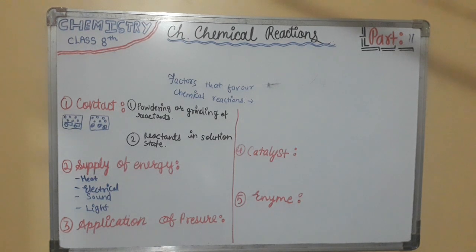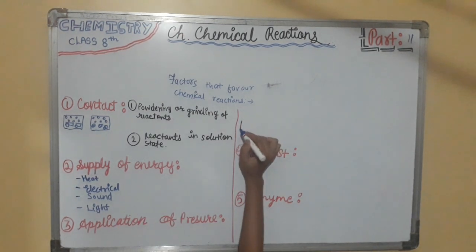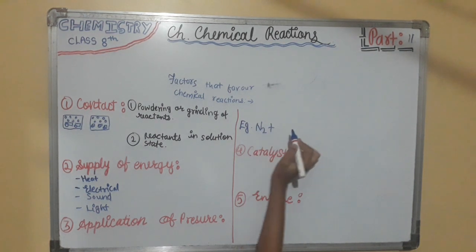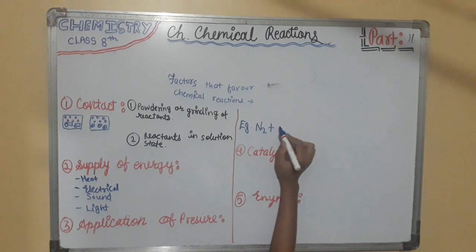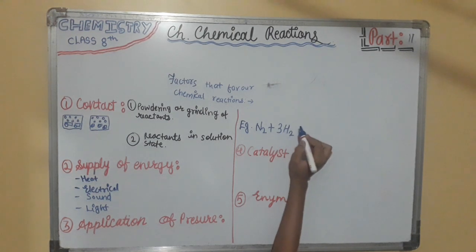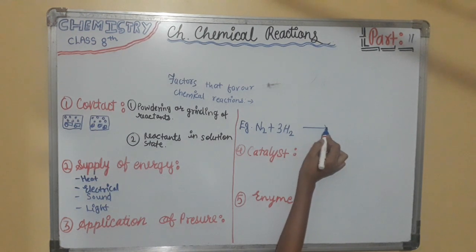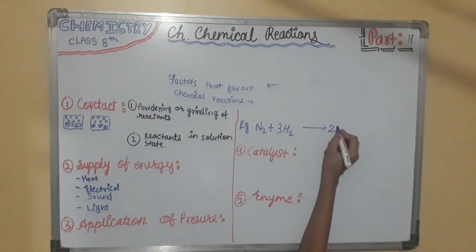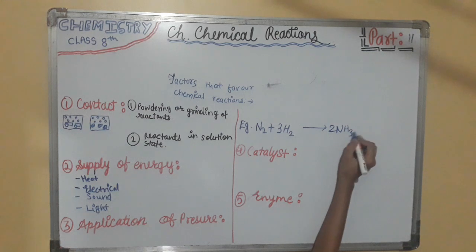Example is N2 plus 3H2, by heating, gives 2NH3. This is the example.